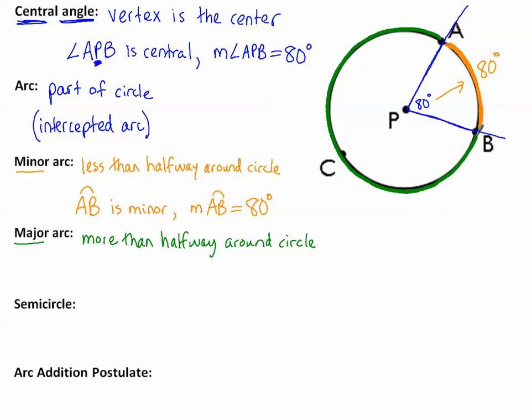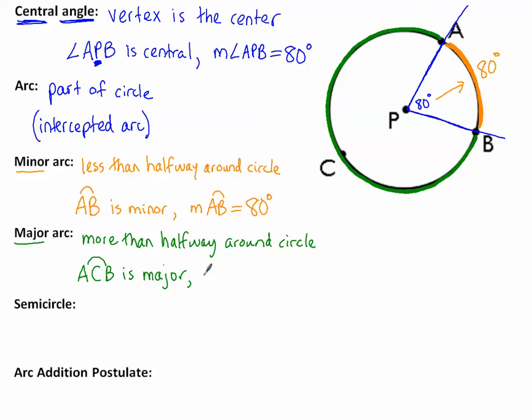If we want to go the long way from A to B to show that major arc, we can't just say AB is the arc, because that would mean the minor arc. So we have to give a point that is somewhere on the path going the long way around the circle. So the way we name that arc is arc ACB. Arc ACB is major.